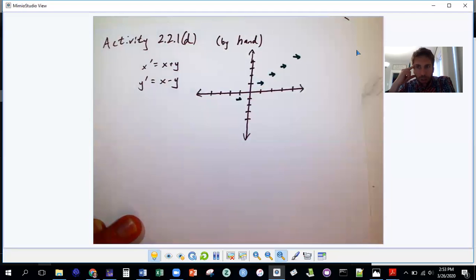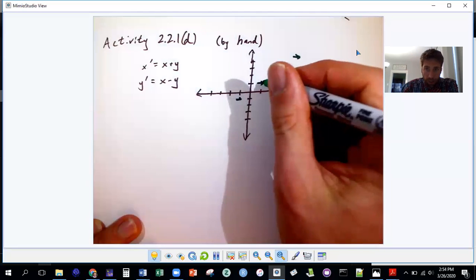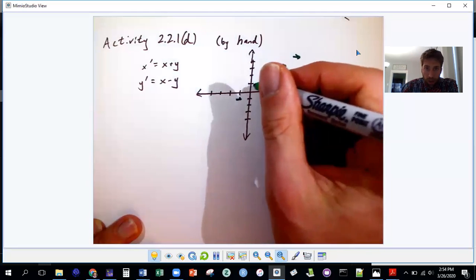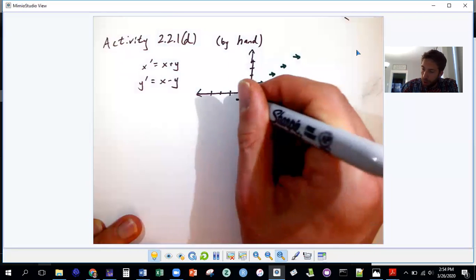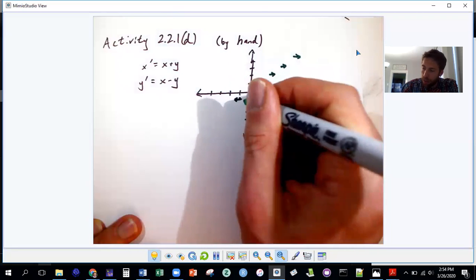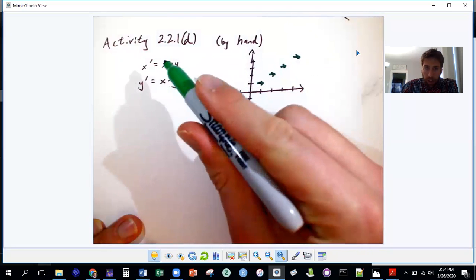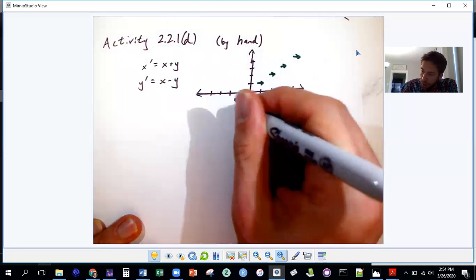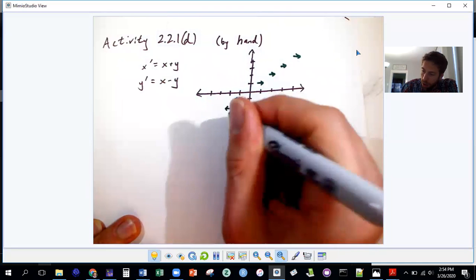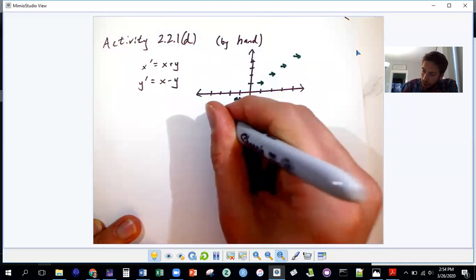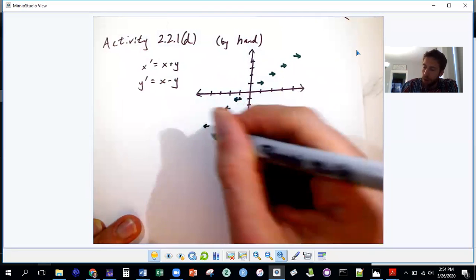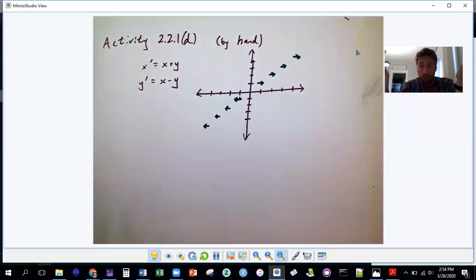So in this case, it's going to be going positive because x and y are positive. Whereas here, it's going to be going negative because x and y are both negative. So a negative plus a negative is a negative. So then it's going to be going that way. Okay, so that's basically doing a null line.